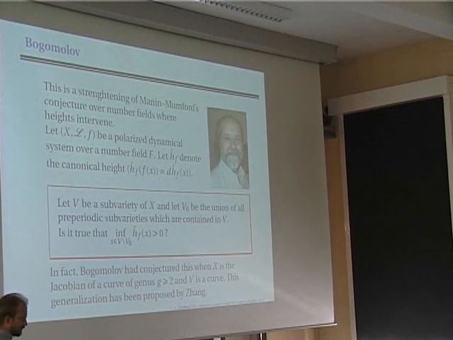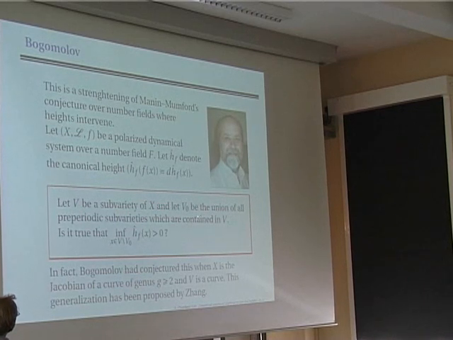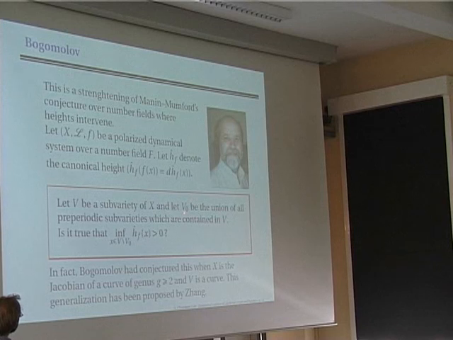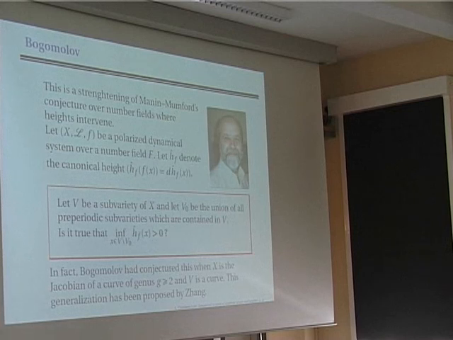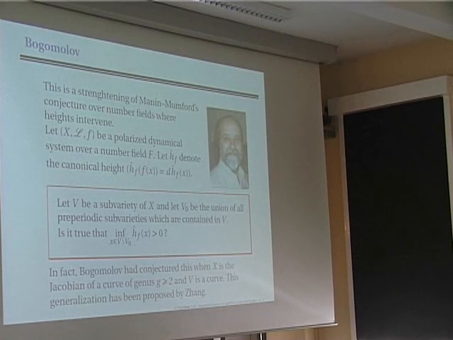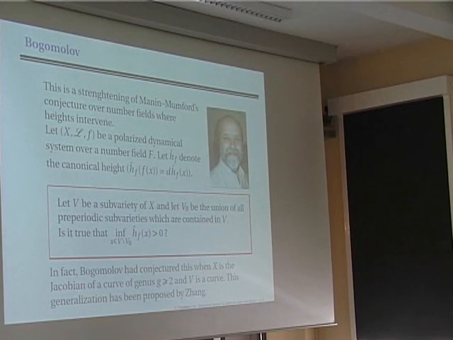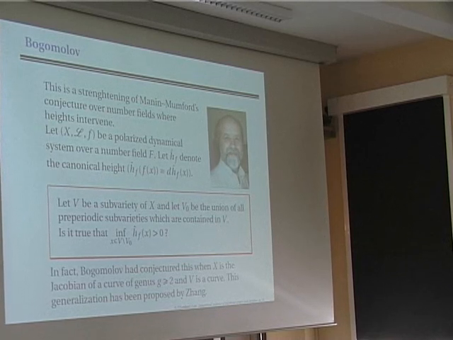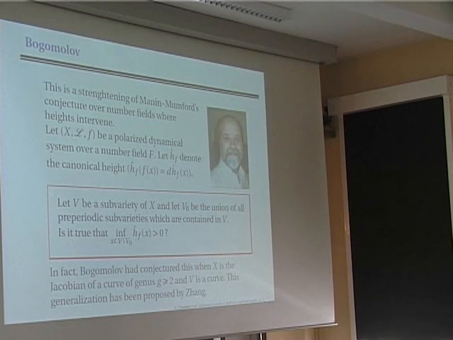If Manin-Mumford's conjecture is true, take V a subvariety of X, and V naught the union of all preperiodic subvarieties lying in V. Then in V minus V naught there will be no preperiodic points. So it is natural to ask if the canonical height is bounded below outside V naught.